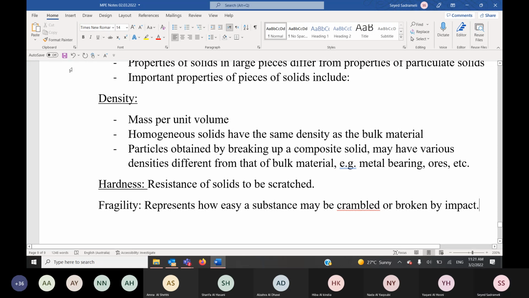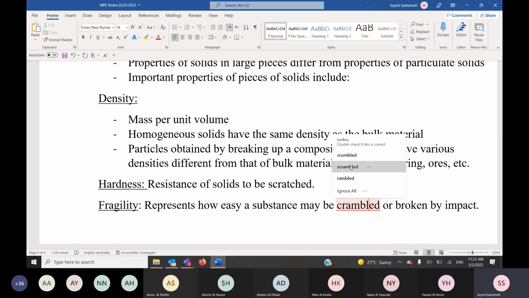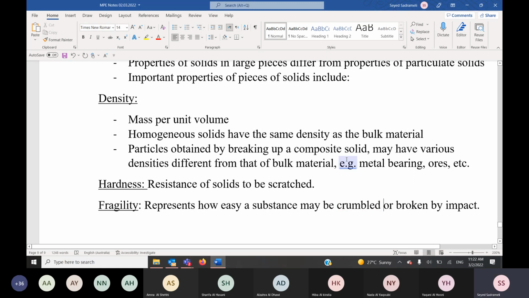Can you give me some examples of fragile particles or powders? You use them in your daily life.